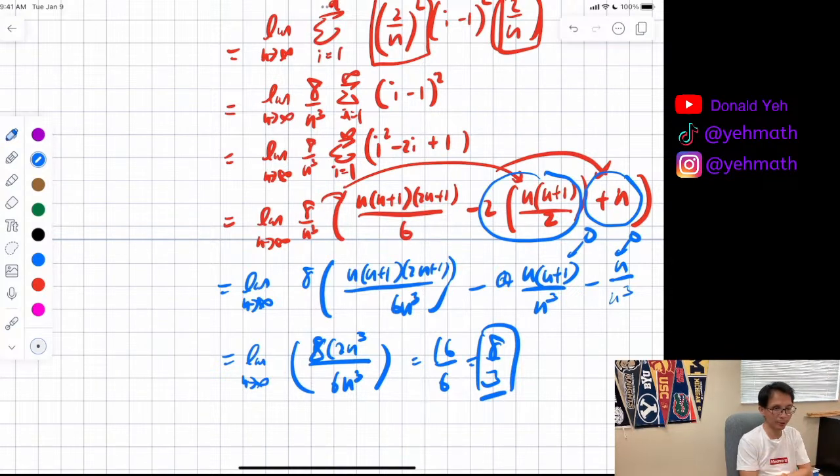Because all the terms are going to go to 0 except n cubed on the numerator. It doesn't matter what happens to the terms after that. It's pretty much only taking into account this part, this part, and this part, because every term after that is going to go to 0.